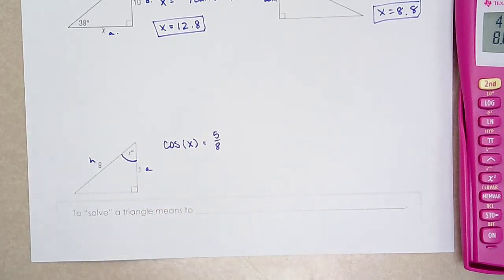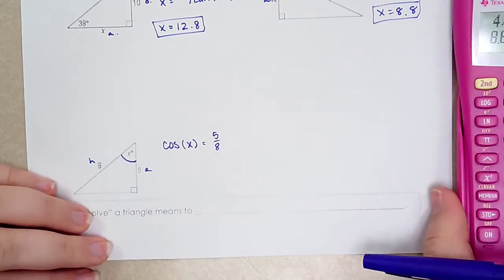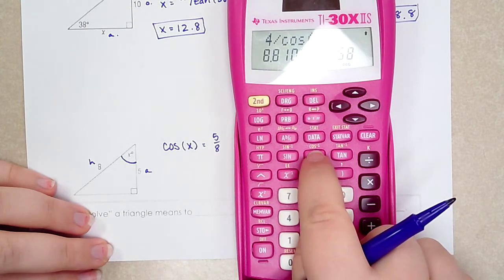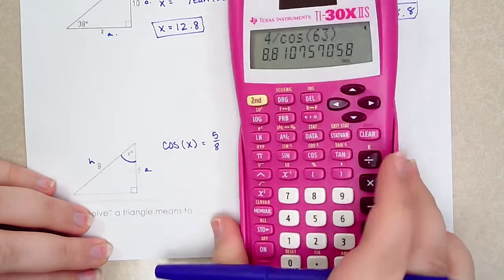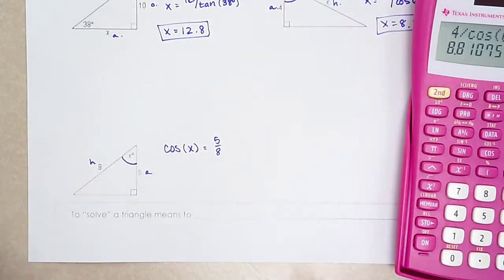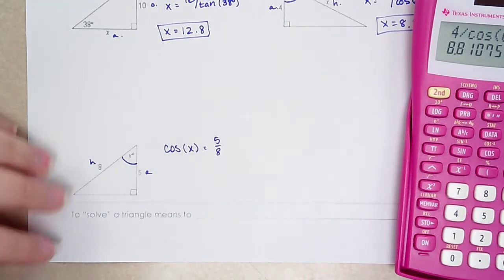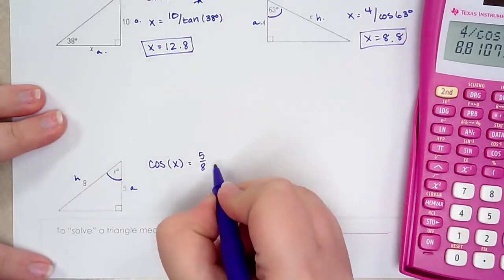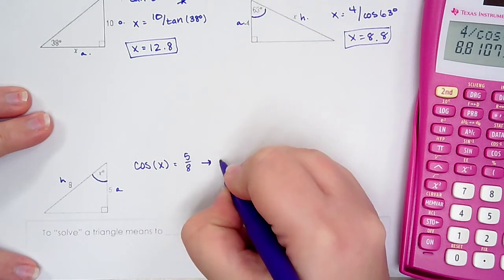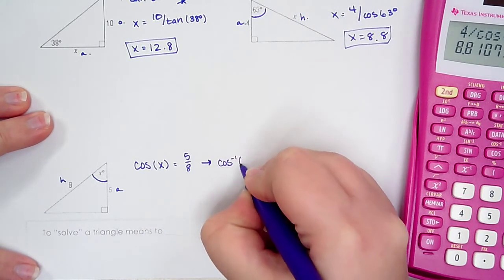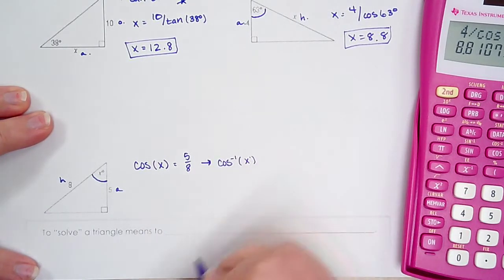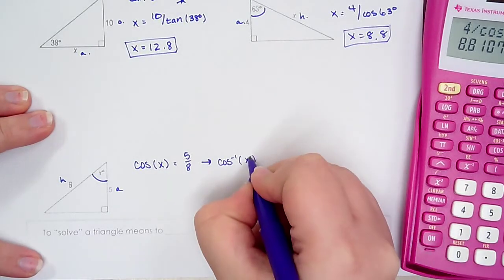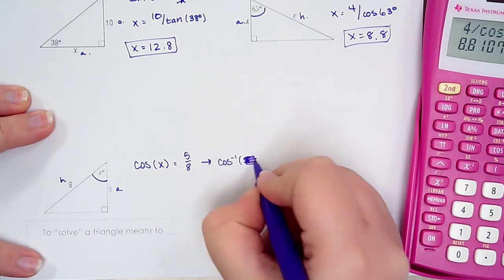So we're going to take the inverse of cosine, and that is also on your calculator, just right above in yellow, or maybe a different color depending on what color your calculator is. So we're going to type this into our calculator as cosine to the negative one. Oh, this should have been 5/8. My apologies.